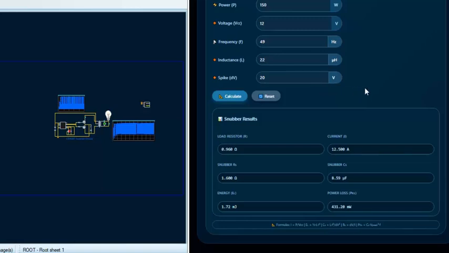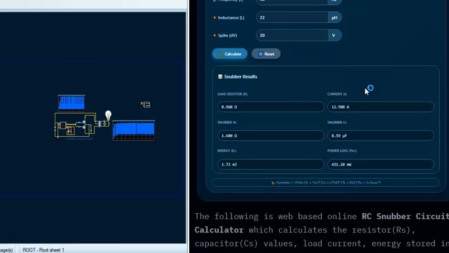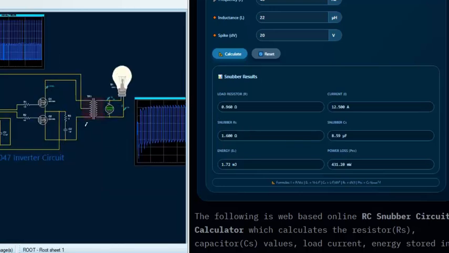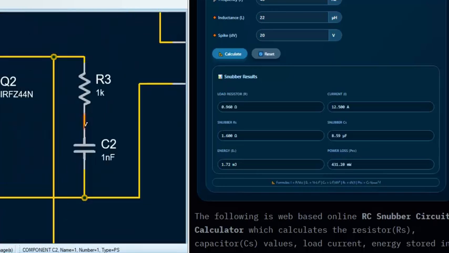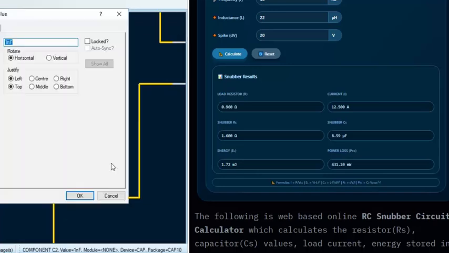The theoretical calculated value of resistor R is 1.6 ohm and capacitor C is 8.59 microfarad. Now we will use these theoretical values in our RC Snubber circuit.